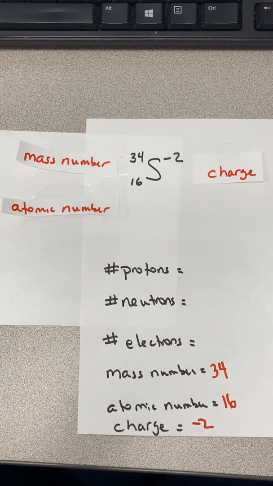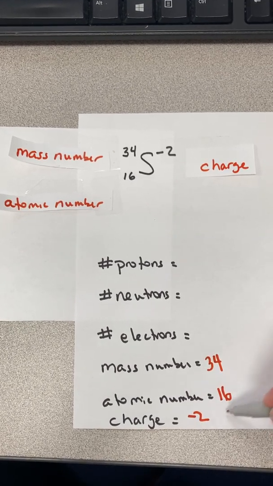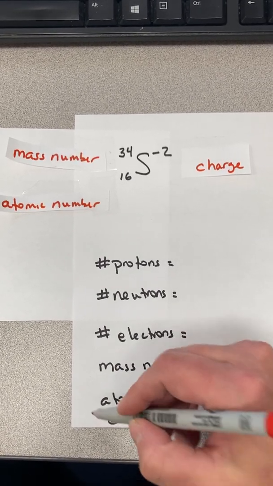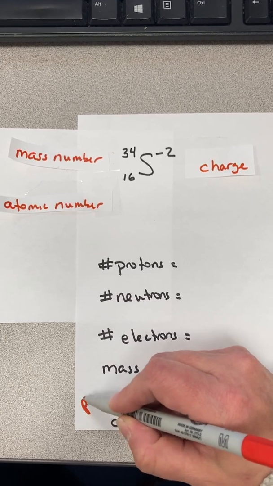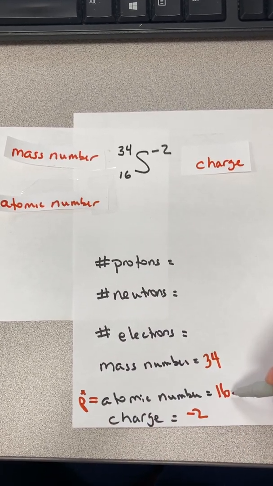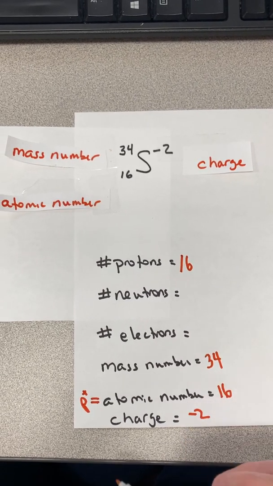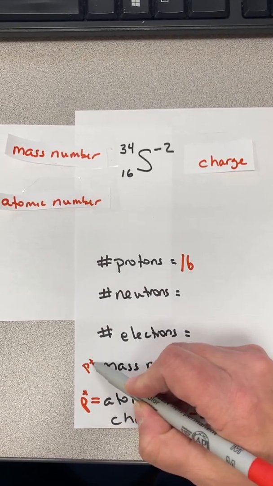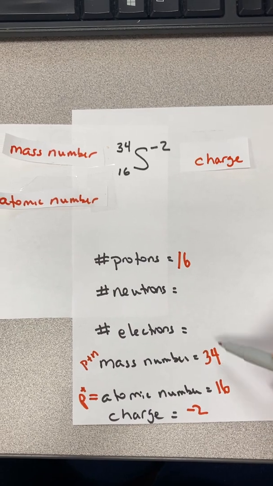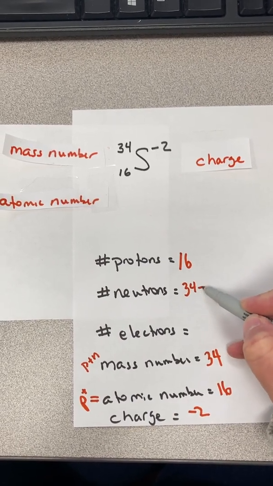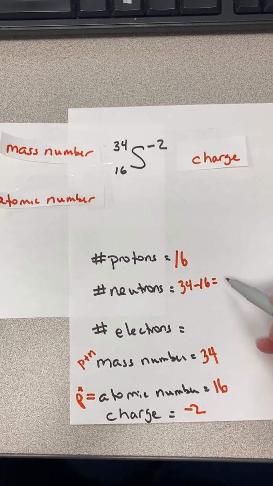Then we want to think about what else we know based on this. Well, atomic number is always equal to the protons. So 16 for atomic number, 16 for protons. The mass number is always protons plus neutrons. So 34 minus 16 is 18.